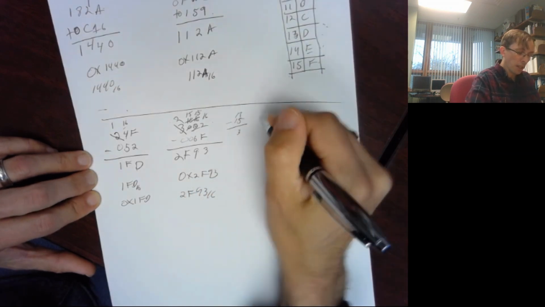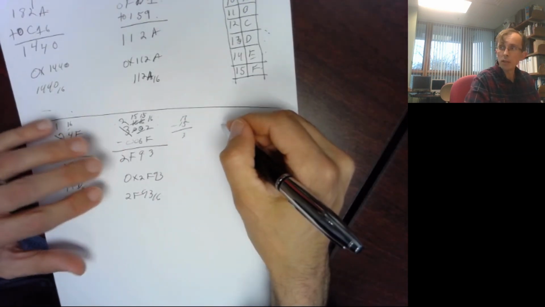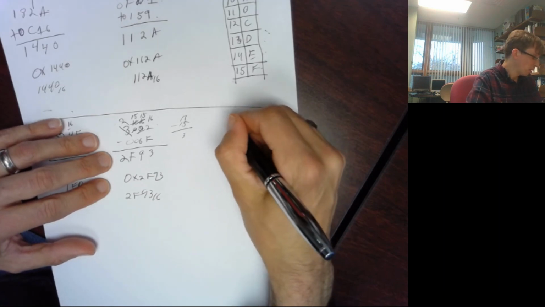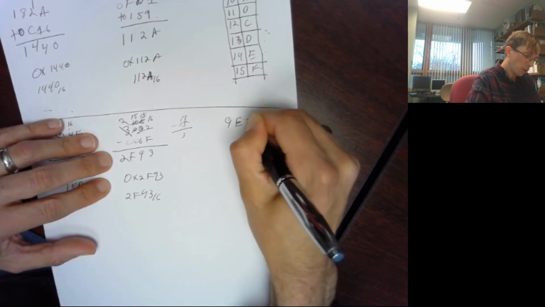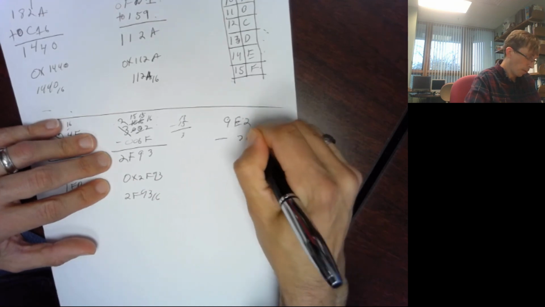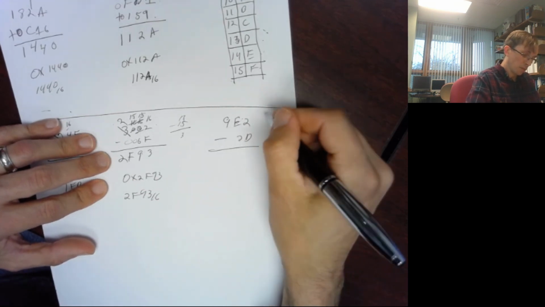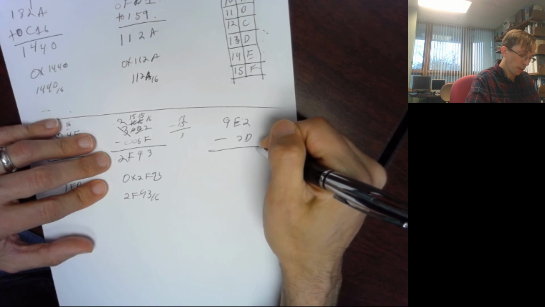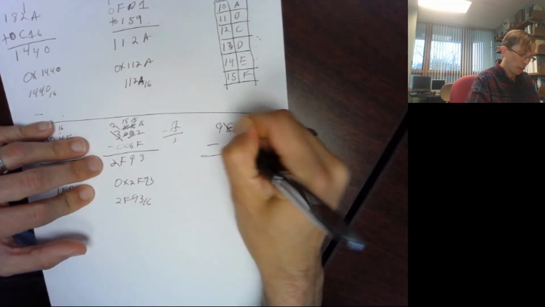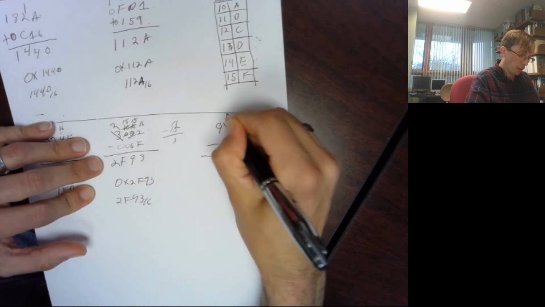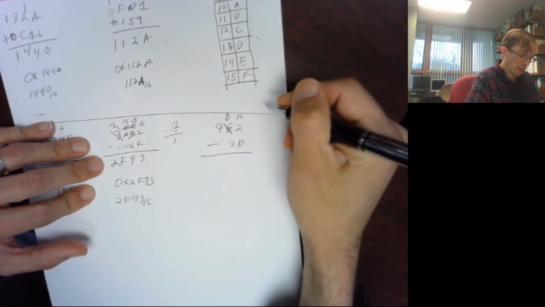All right. And then finally, over here, we're going to have 9E2 minus 2D. And then again, we'll just go through here. So D, we can't subtract D from 2, I'm sorry. So we will decrease that column by 1, put a 16 there.